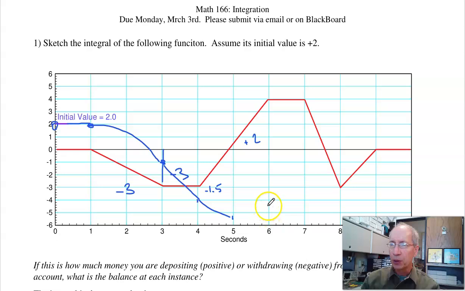So come up 2. 1, 2. I add 4. Go up 4. 1, 2, 3, 4. I go up about 1. Right about here. And now come down 1. Come down minus 1.5.